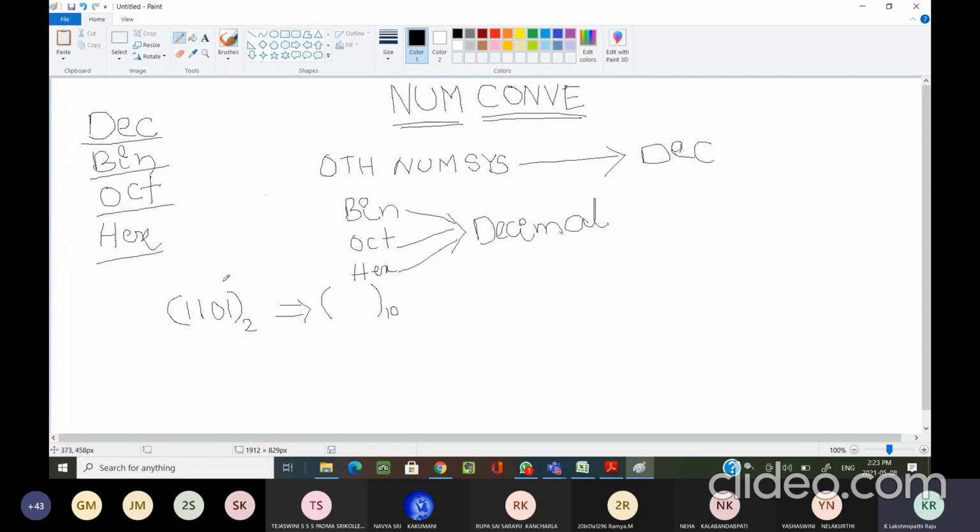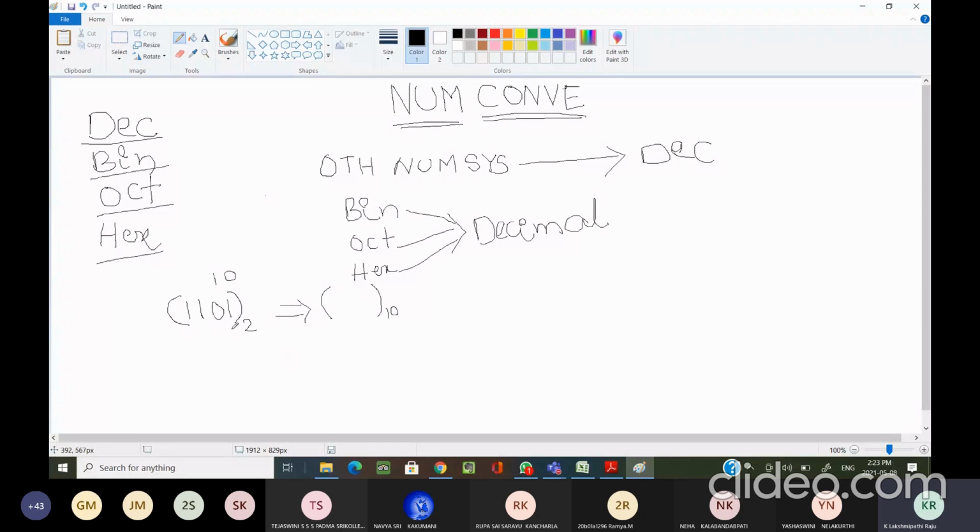Now first we have to identify the positions. This is the 0th position, first position. Always we have to give the positions from the rightmost bit to the leftmost bit.